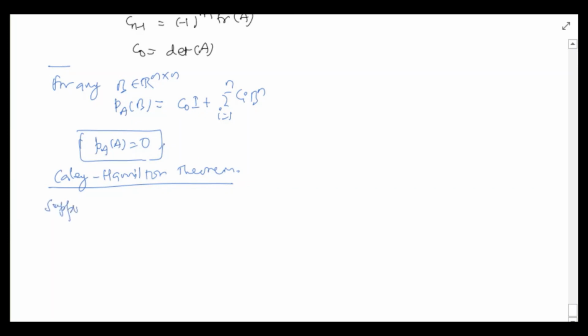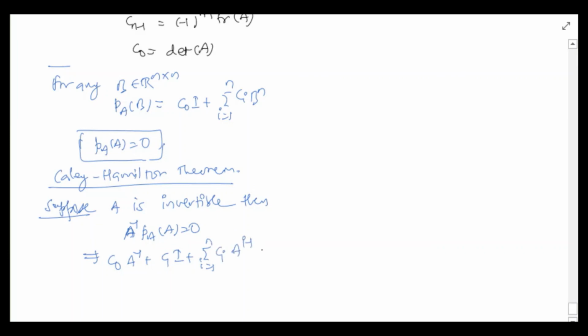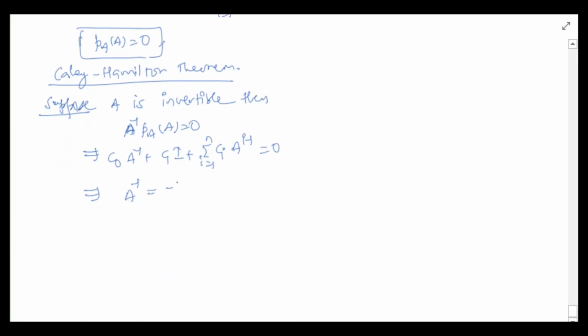Suppose A is invertible, then from the Cayley-Hamilton theorem, A inverse times P_A of A will be 0, which implies that c_0 A inverse plus c_1 I plus the sum over i equals 2 to n of c_i A raised to i minus 1 is 0, and on rearranging terms we find that A inverse is equal to minus 1 over c_0 times c_1 I plus the sum over i equals 2 to n of c_i A raised to i minus 1.